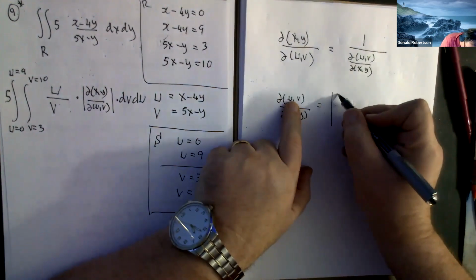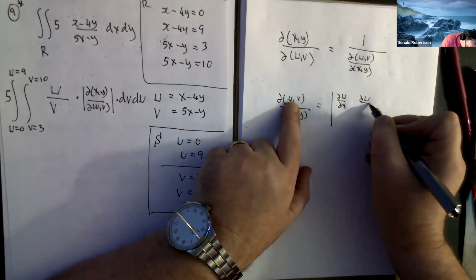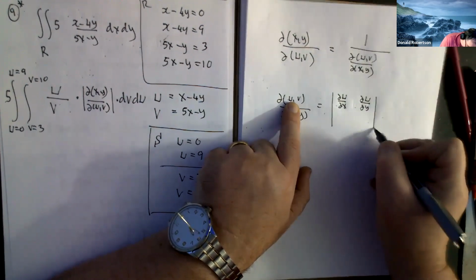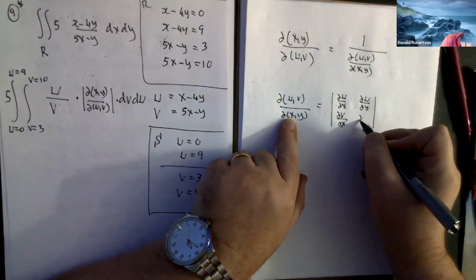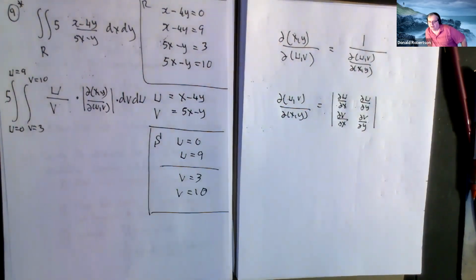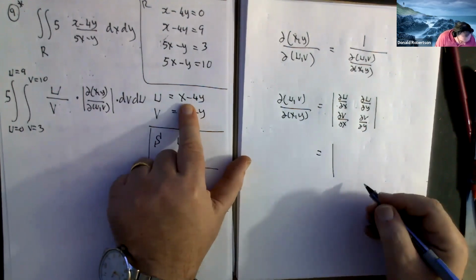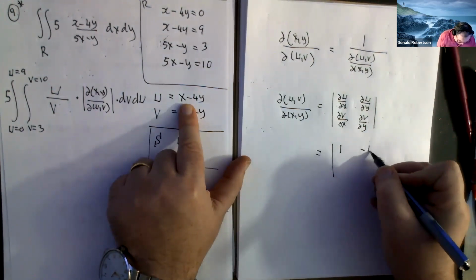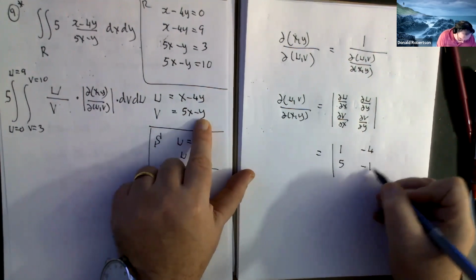So the partial derivative of u with respect to x, the partial derivative of u with respect to y, the partial derivative of v with respect to x, and the partial derivative of v with respect to y. That's why so many times in the past I kept getting them mixed up, because there are 2 flavors to how to do this. Differentiate u with respect to x and then with y. Differentiate v with respect to x and then with y.